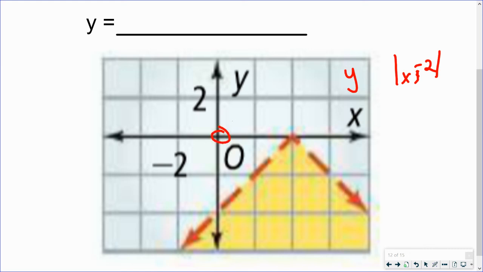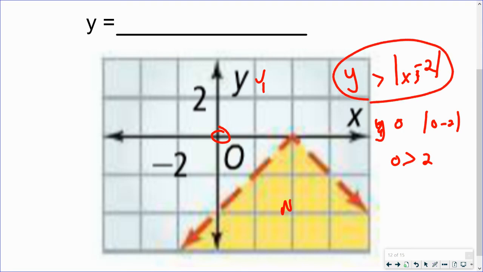Okay, test point 0, 0, making this the yes side, this is the no side. I gotta make it not right. So 0 and 0 minus 2, absolute value of negative 2 is 2. I want this to be false. So that means it's got to be greater than. There we go. This is a harder problem.